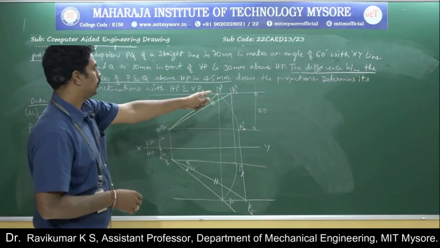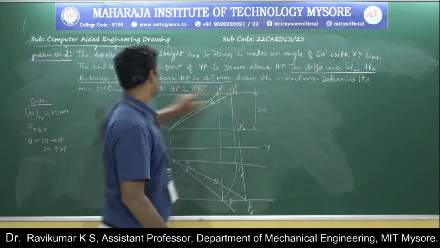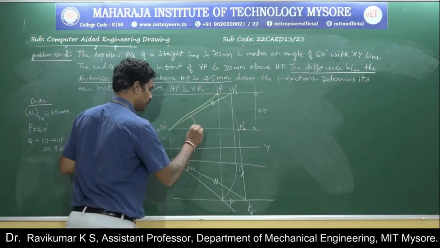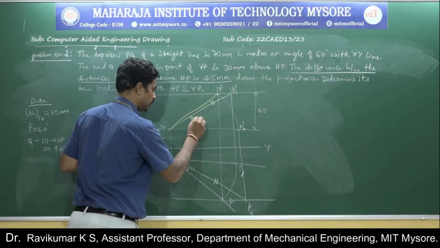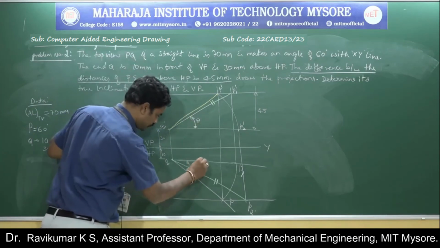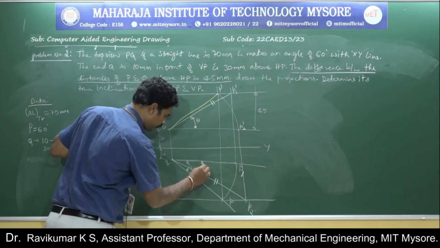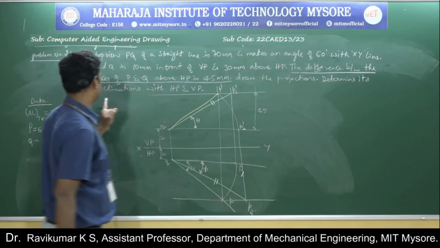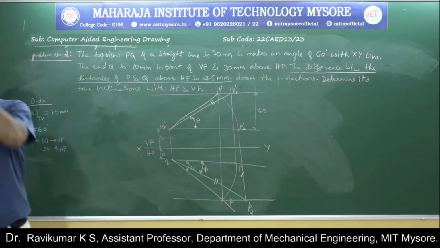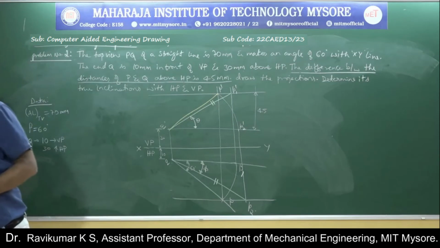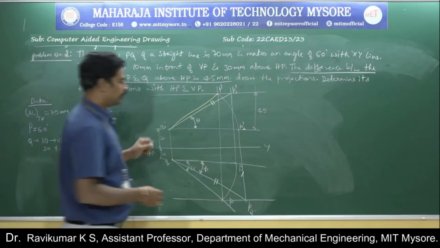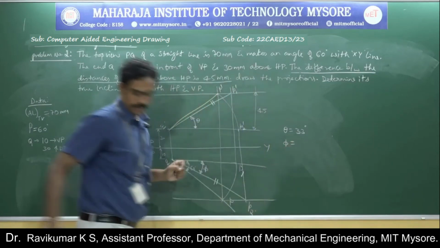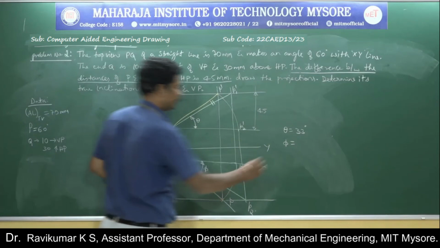Now the drawing of projections is over. Determine its true inclinations. So I need to determine the true inclination, this one, that is theta, and this one, that is phi, with HP and VP. If you draw it to the scale, you will get theta as 33 degree, and phi as 47 degree.